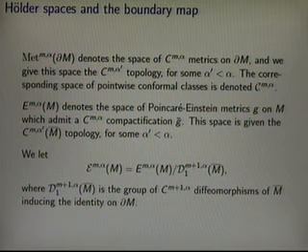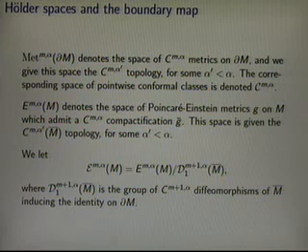We're going to do analysis on these spaces, so we need nice function spaces. In this case, we're going to use Hölder spaces. We have the C^{m,alpha} Hölder space of metrics on the boundary. A technical remark is that the topology is the C^{m,alpha'} topology for some alpha' less than alpha.